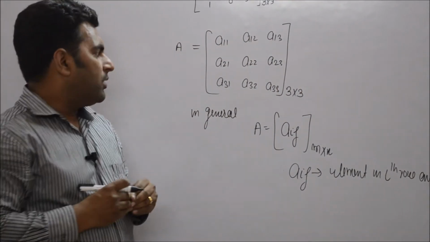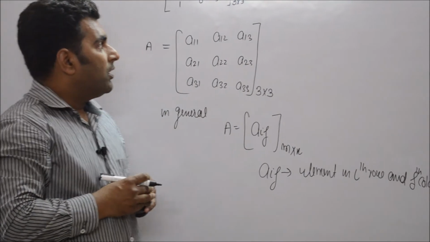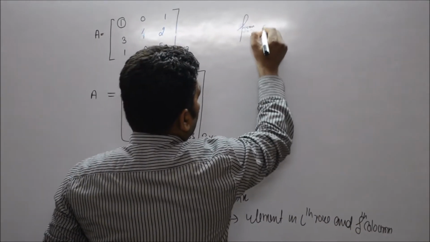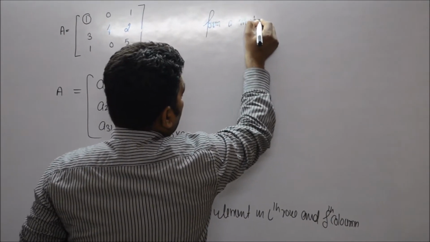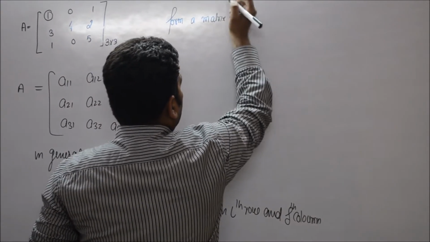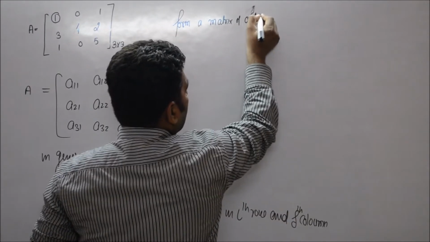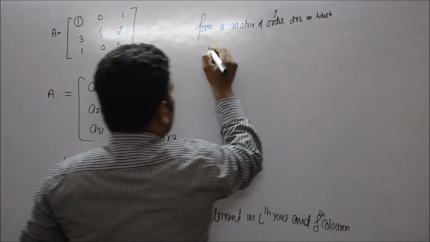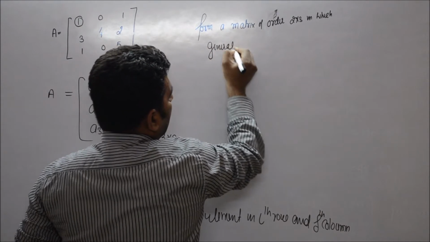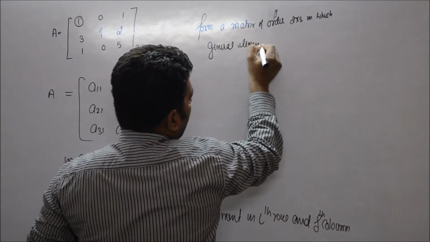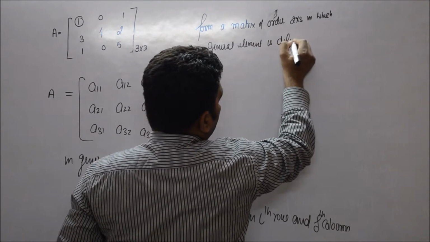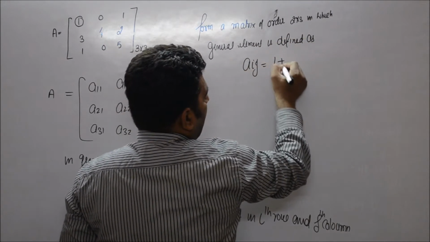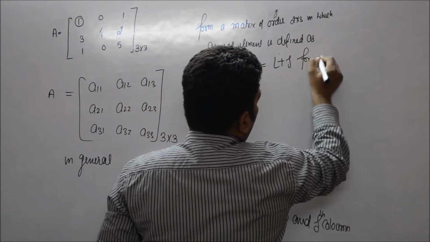Sometimes a question is generally asked in board examination in which they ask from a matrix of order 2 by 3 in which general element is defined as Aij equals to i plus j for all i and j.